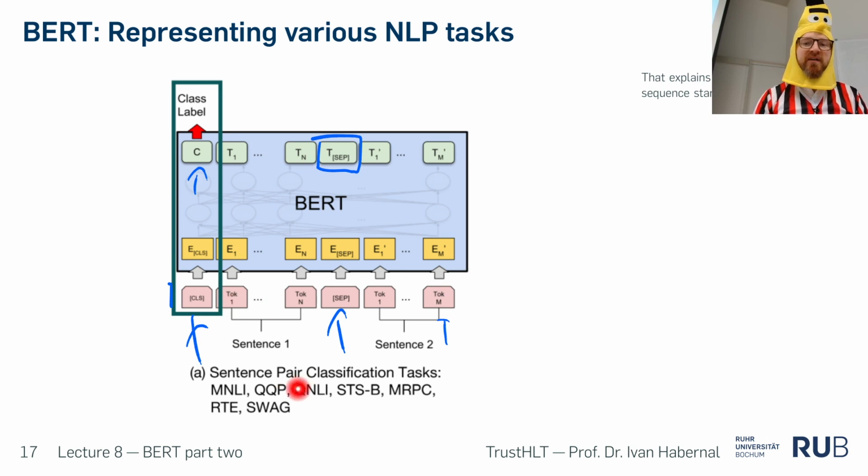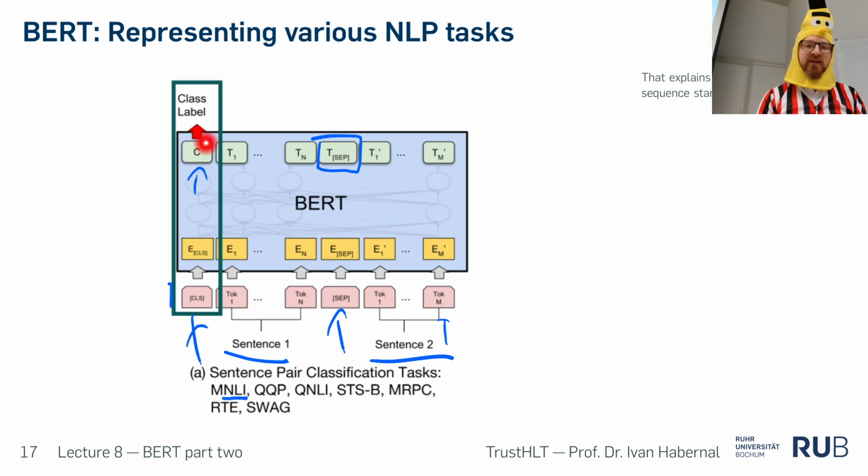So now we have a sentence pair classification task, such as natural language inference, and some other textual entailment tasks. So you have sentence 1 and sentence 2, and you want to predict whether there's an entailment, contradiction, or they're neutral, some sort of classification task into 3 categories.